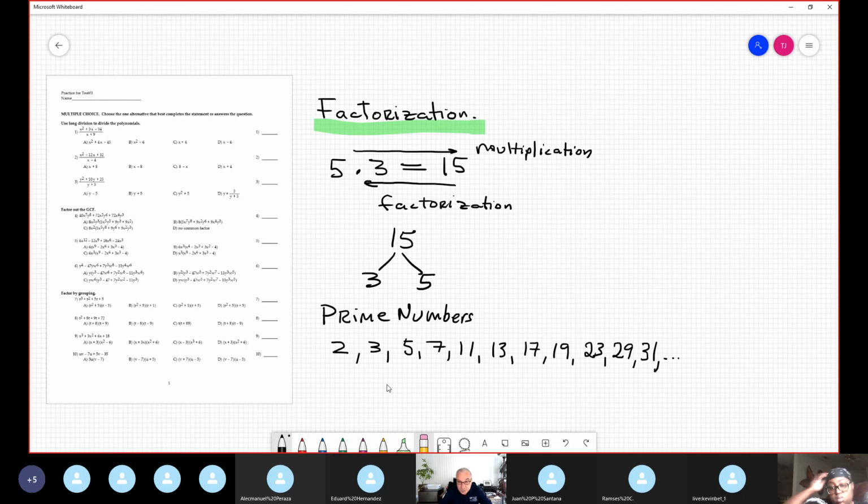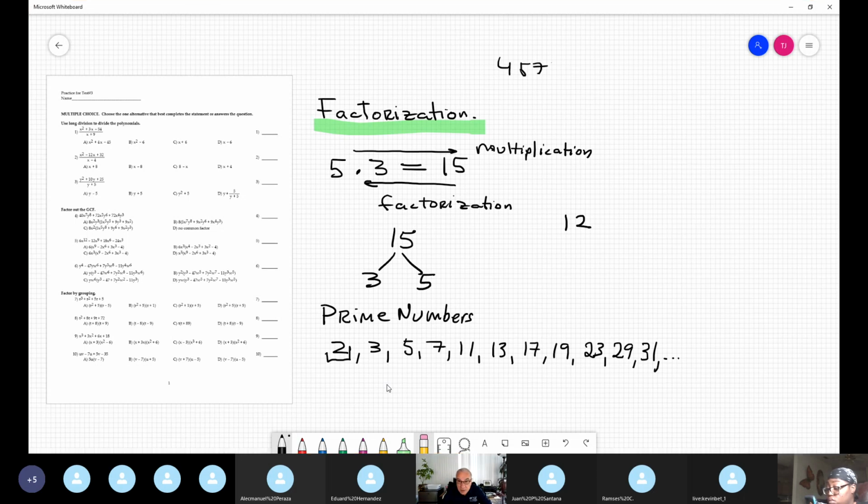For example, you have 12 and I do the prime factorization. Okay, what is the procedure? In my opinion, there are many ways. You start with the first prime number, 2. The number 12 is even, because any number whose last digit is 2, 4, 6, 8 or 0 is even.